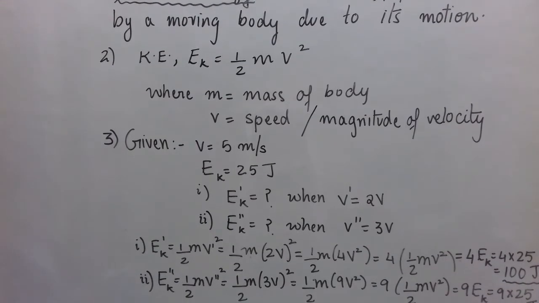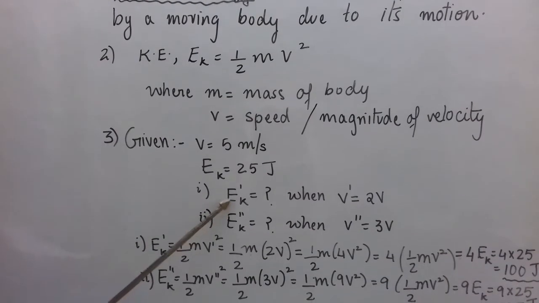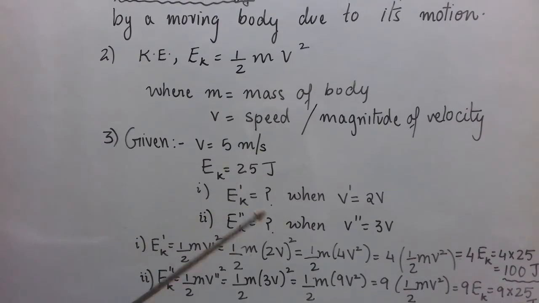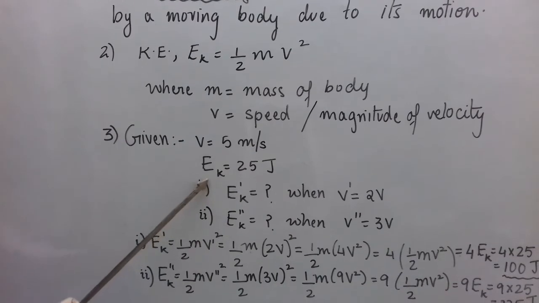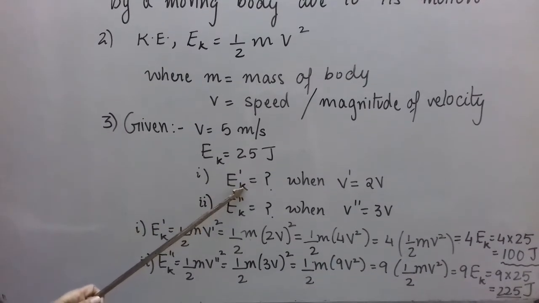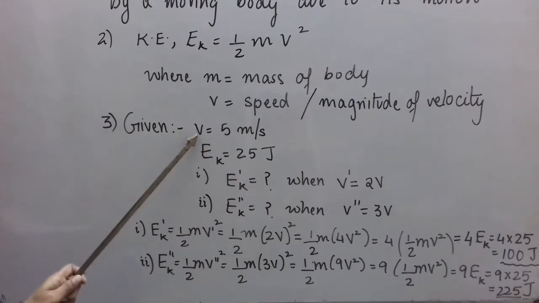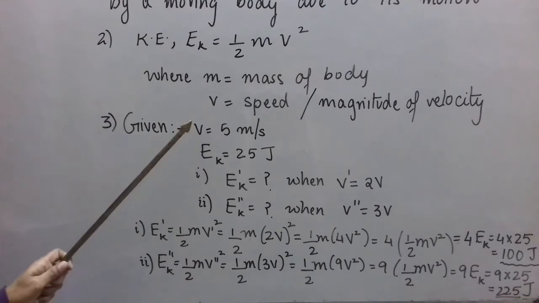Now students, here in the first part, you have to find the kinetic energy when velocity is doubled. So let the kinetic energy be represented by Ek dash. We have to find this when the velocity v dash is doubled. Doubled means it is twice v. Okay.